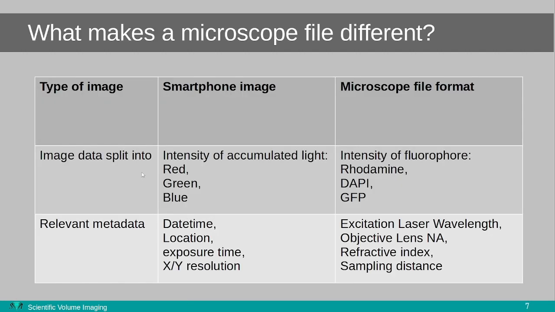Well, your smartphone mostly stores images in its red, green and blue components, whereas your microscope images contain intensity images of specific fluorophores. Both of them sometimes save storage space by compressing the data into smaller blocks, something we will discuss later, and thus saving precious space on your hard drives.